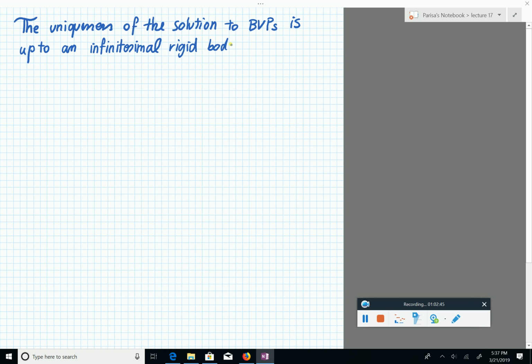The uniqueness of the solution to boundary value problems is up to an infinitesimal rigid body displacement.